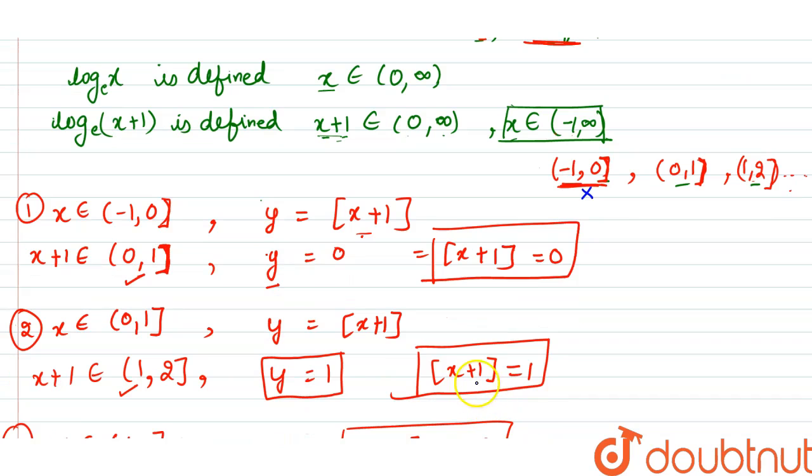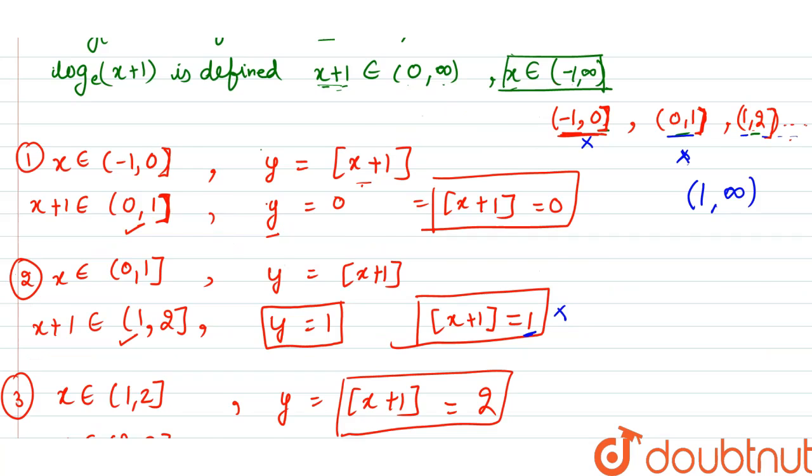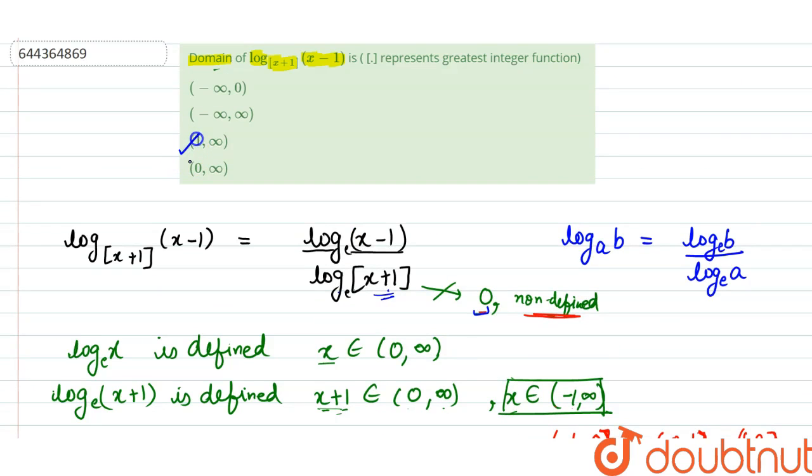On a similar basis, we will discard the interval 0 to 1 also, because in this interval we are getting 1, that is log 1, and log 1 is 0. So we have to discard this interval also. So the interval that we are left with is from 1 to infinity, where the values we are getting are integers 2 to infinity. So the correct option is 1 to infinity.